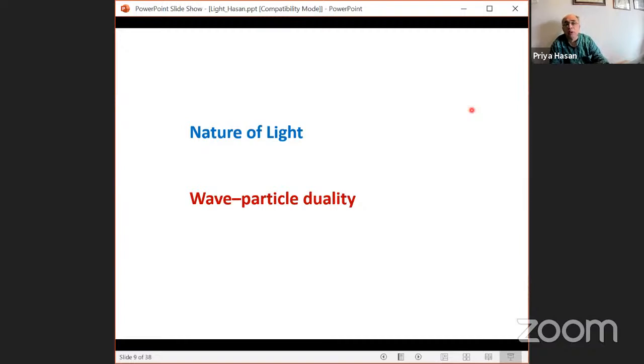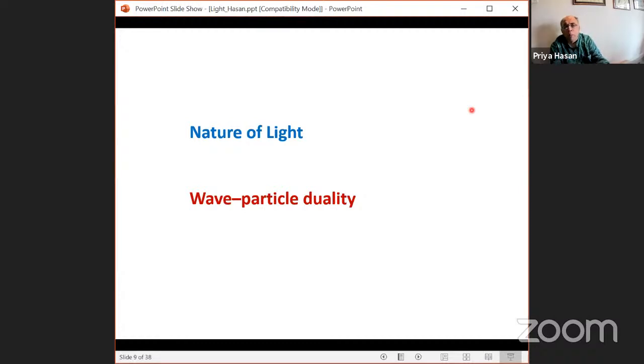In fact, whenever you study phenomena at a very small scale, at the quantum levels, which was mentioned in the previous talk, at the atomic level or subatomic level, when you look at electrons and protons or photons and so on, you see that they have a dual nature. You can consider them as both particles and also as a wave, right?